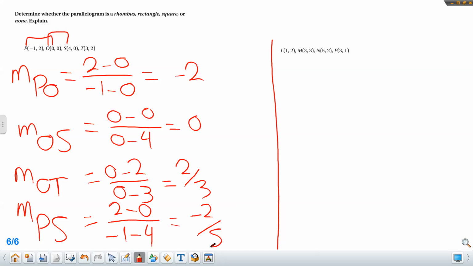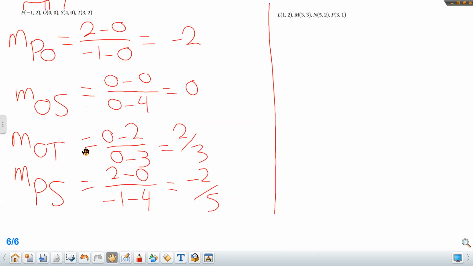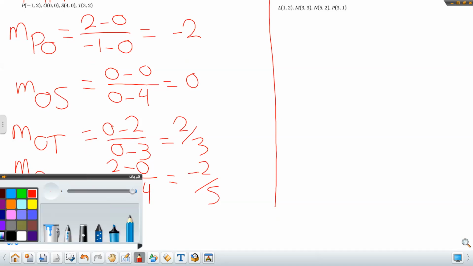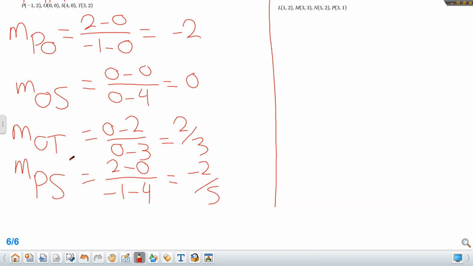If the two diagonals are perpendicular, the figure is a rhombus. But the two diagonals are not perpendicular. So this figure is not a rhombus, not a rectangle, not a square. So this figure is just a parallelogram.